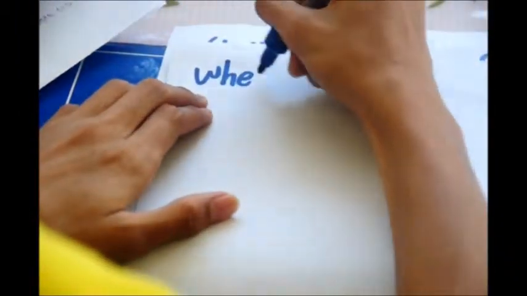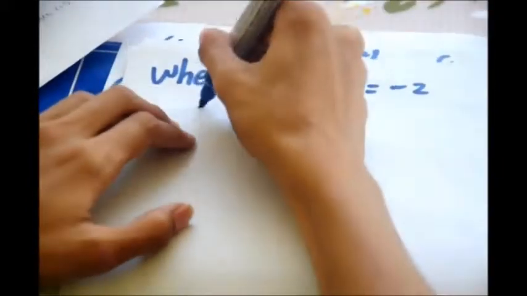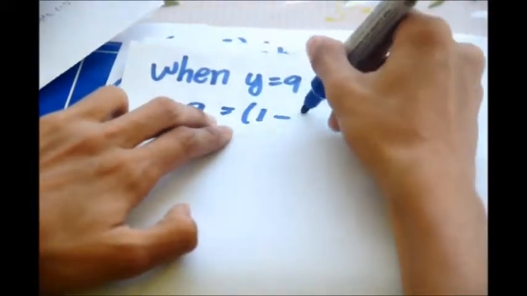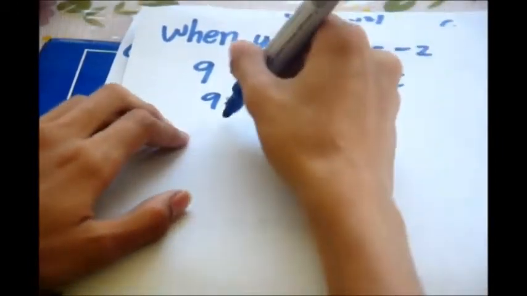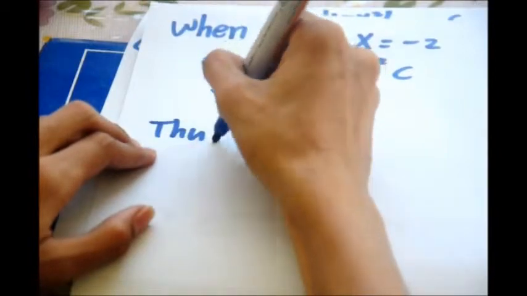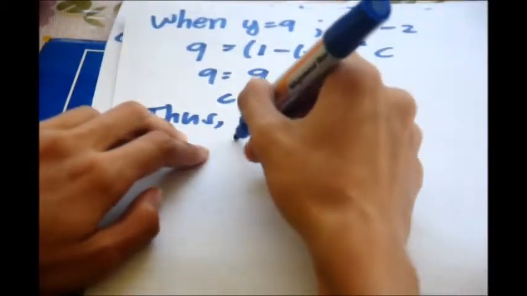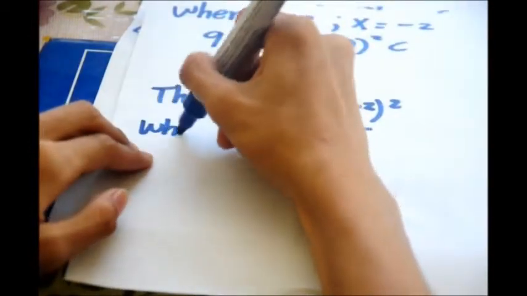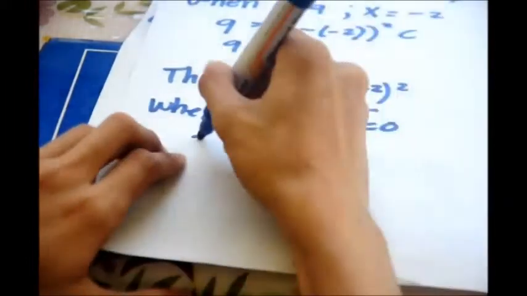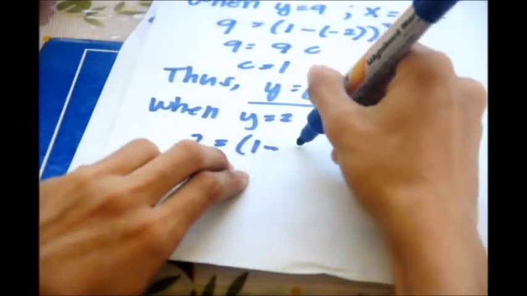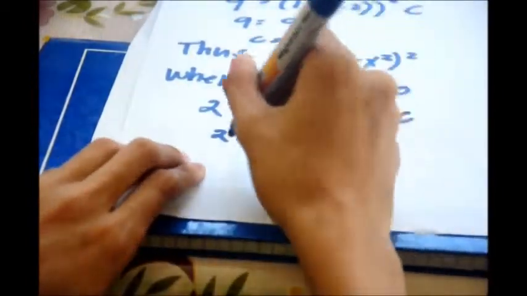So when y equals 9, thus y equals (1 minus x squared) raised to the power, to c equals 2.